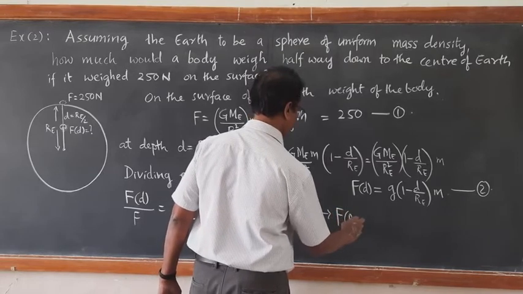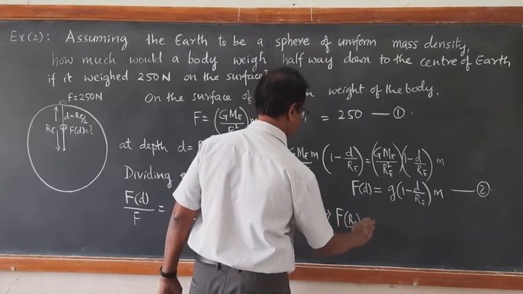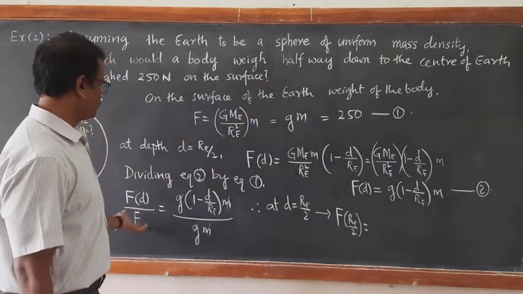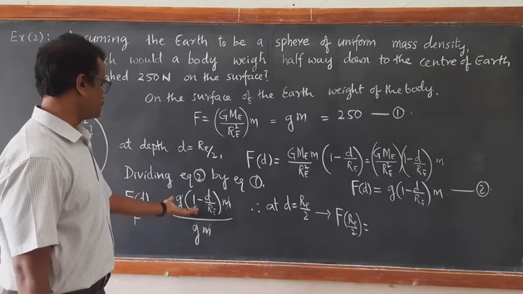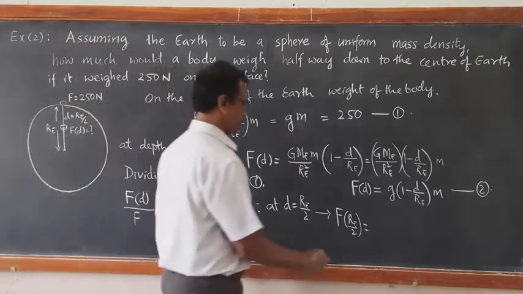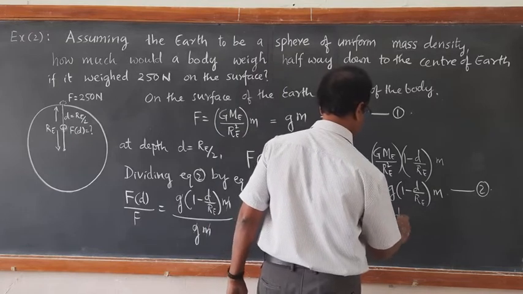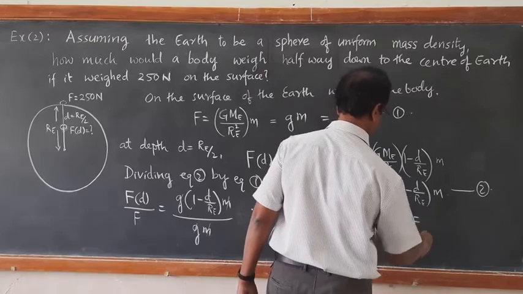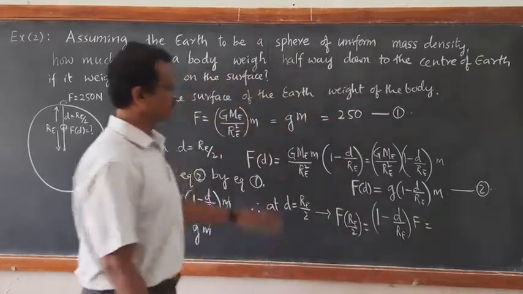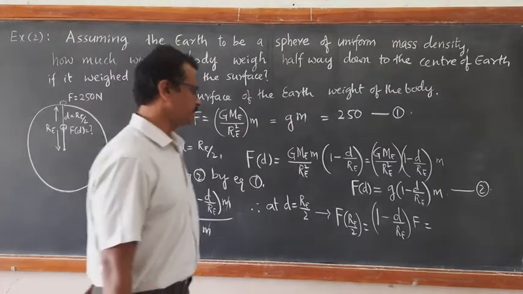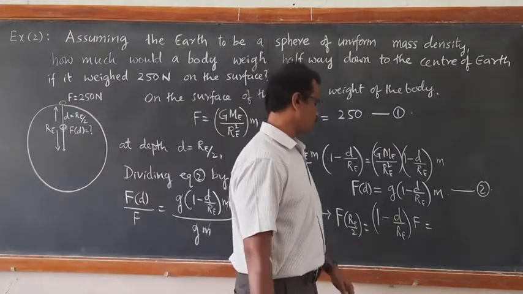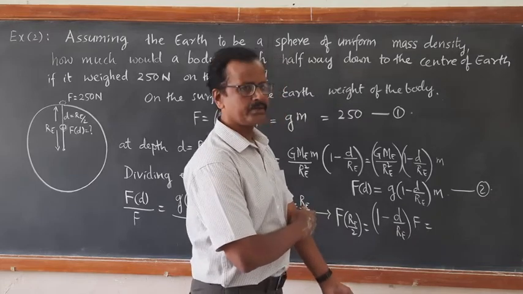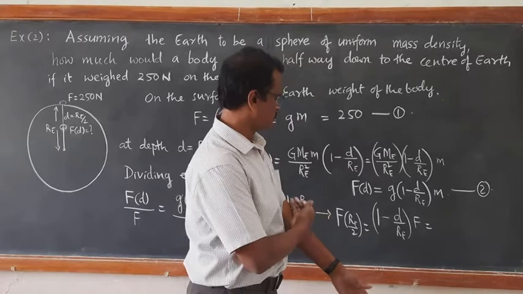F at Re by 2: mg cancels, so this factor 1 minus d upon Re is multiplied by F. F is given as 250 Newton. d is Re by 2, so Re cancels. So it becomes 1 minus 1 by 2, and 1 minus 1 by 2 means half.